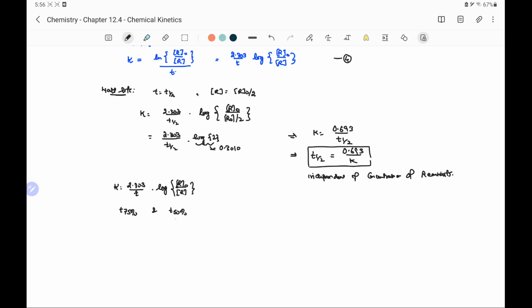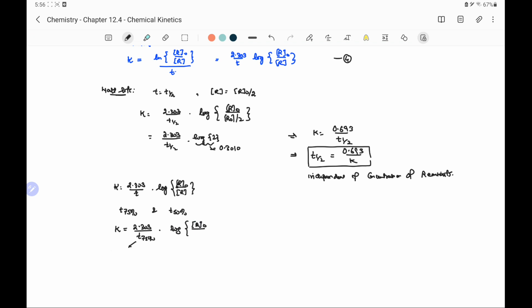So if we take t75%, because the rate constant will be the same, it will be 2.303 divided by t75% into log of the initial concentration R0 by the remaining concentration.